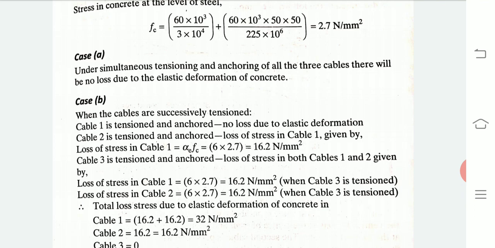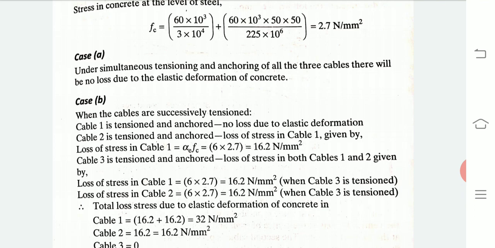the losses start taking place in the first cable, which are again given by the same relationship, modular ratio into Fc. Modular ratio is given as 6, Fc we have found out to be 2.7. Therefore loss of stress in cable 1 is 16.2 Newton per mm square.